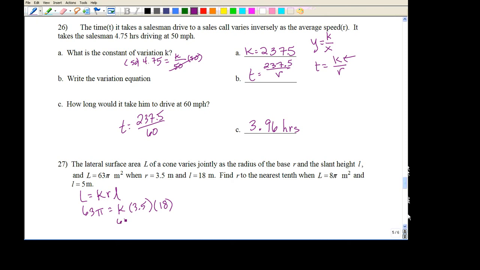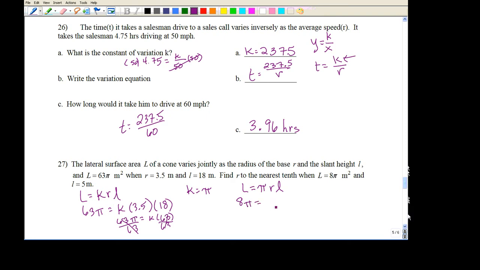So if I just simplify that a little bit, I get 63 pi equals k times 63. So then if I just divide both sides by 63, I get that k equals pi. So now I know that L equals, my k value is pi, and then we have times r times little l. So find r to the nearest tenth when L equals 8 pi square meters.